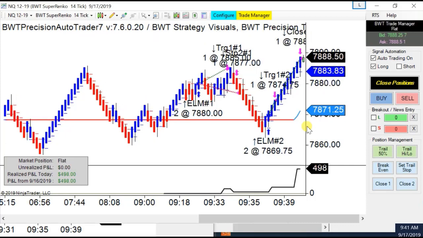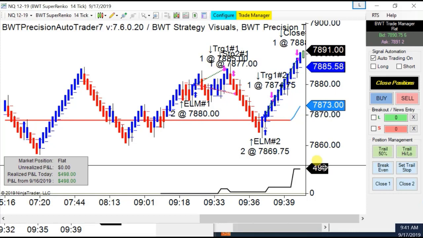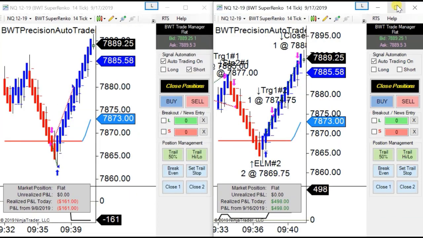And here is second target, and we hit. Let's continue it now. So we have the daily profit on the long chart. So I was completely wrong. I was expecting the short chart to hit its target. Instead, it's down 161, at least for now. And the long chart, the long template, hit its daily target.